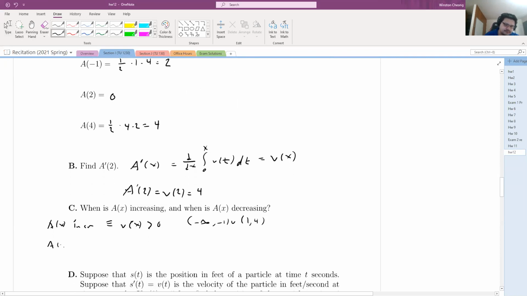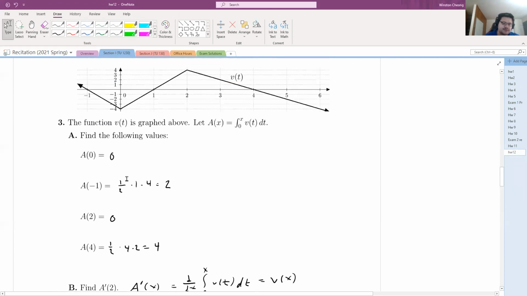Now, when is it decreasing? That's the same thing as saying when is v of x less than 0, and that should just be the complement. So minus 1 to 1, union 4 to infinity. I can check that that is indeed when the graph of the function is negative.